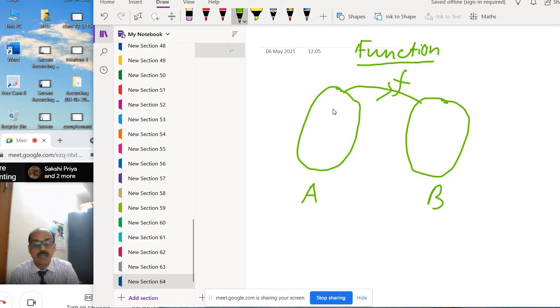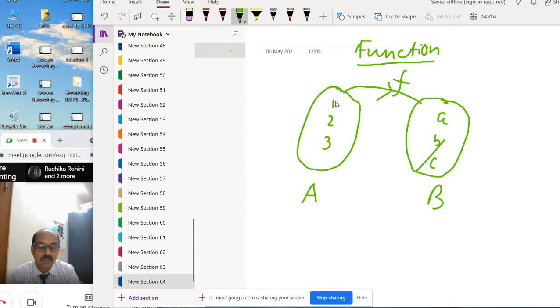Now A set elements are, suppose, 1, 2, 3 and B set elements are a, b and c.